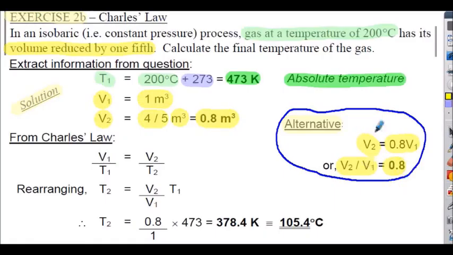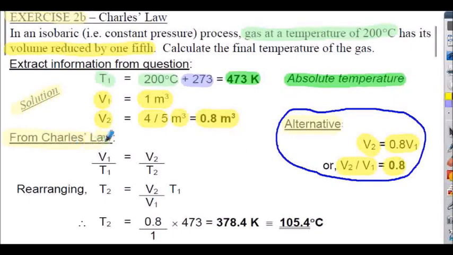So I could use this algebraic approach and literally substitute into Charles' law the ratio of V2 divided by V1, but from my experience, technician engineering students prefer the numerical approach of assuming a numerical value for V1 and proportioning this value to find V2.